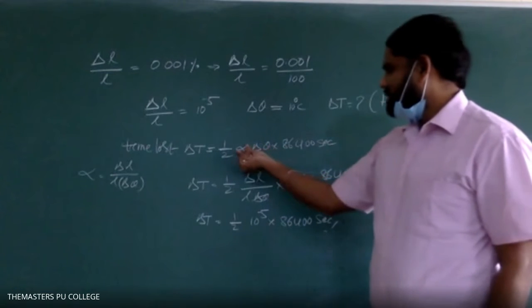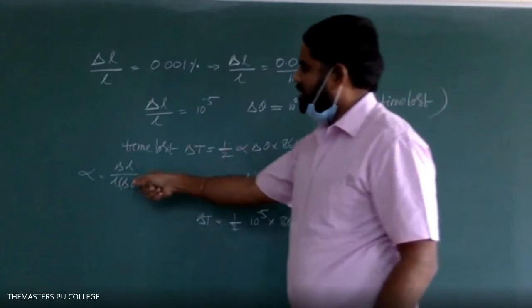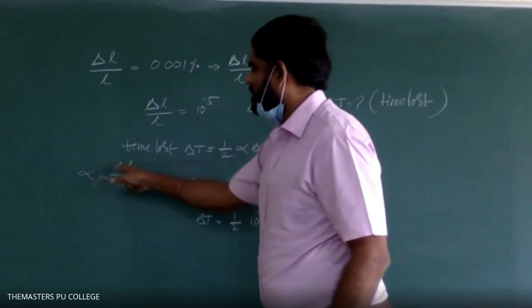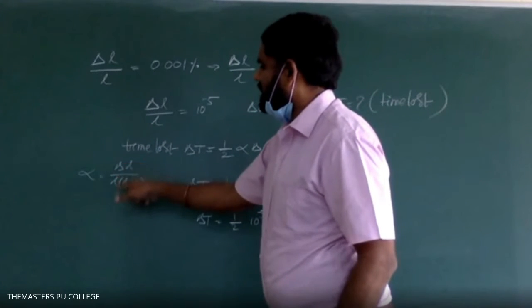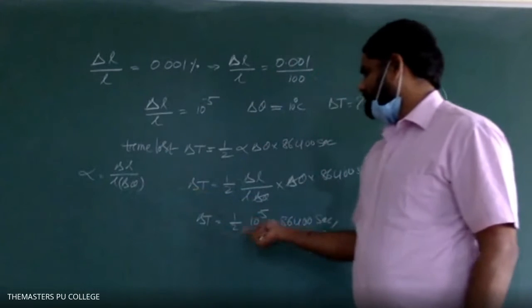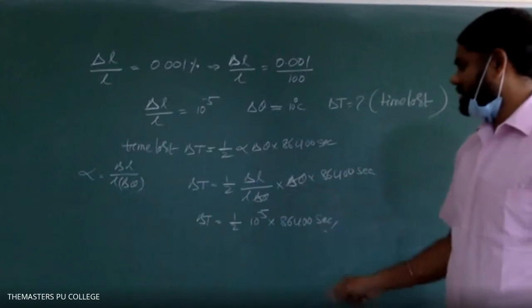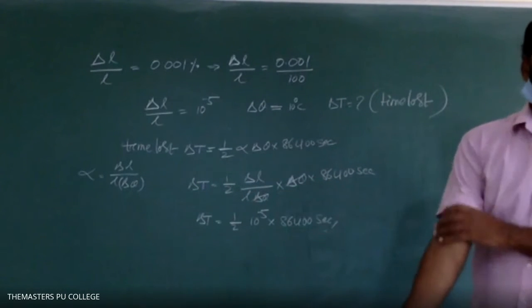But we don't know the alpha value. The definition of alpha is the fractional change in length per degree rise of temperature, delta L by L upon delta theta. Substitute, the delta theta gets cancelled, and then you will get delta T.